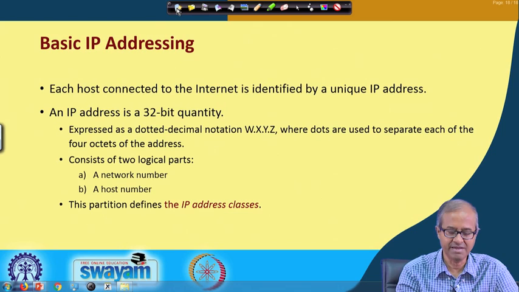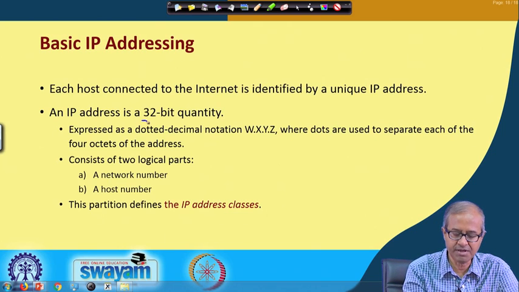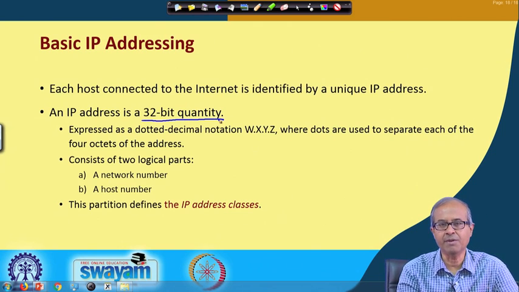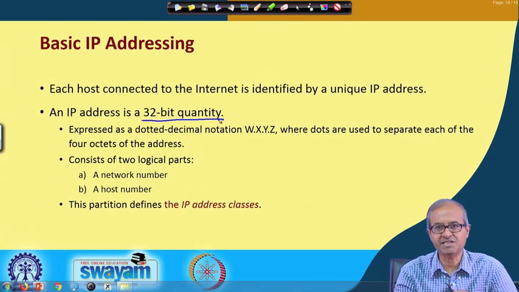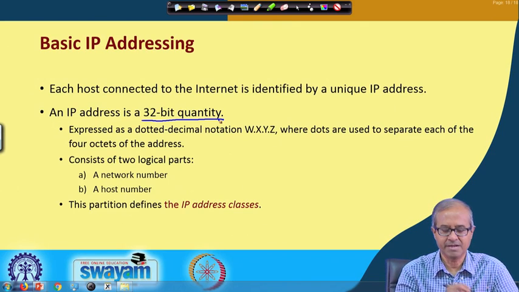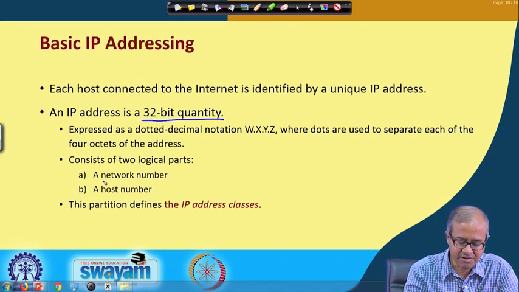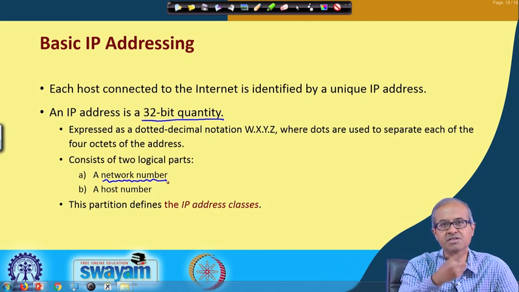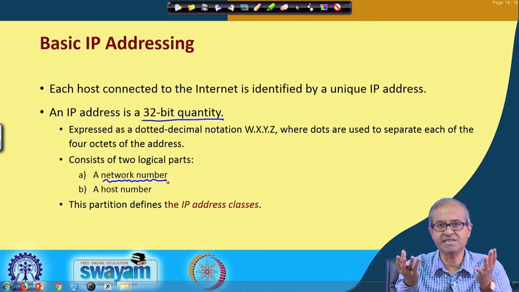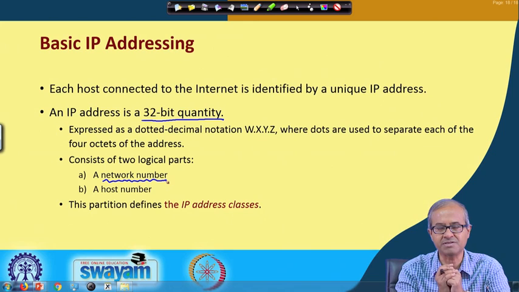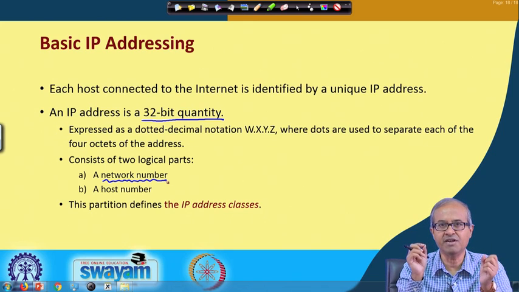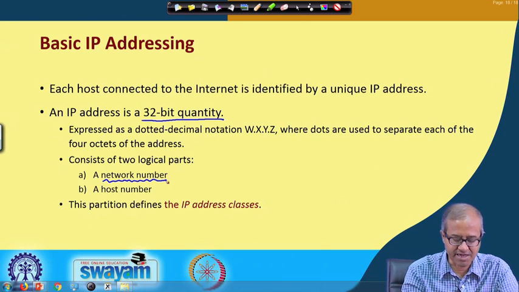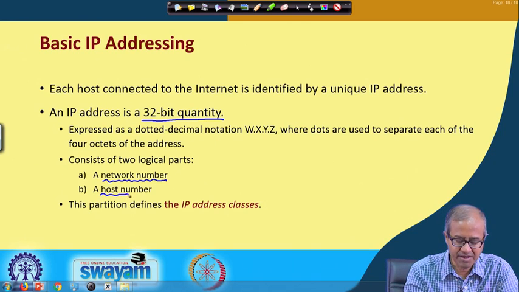Now, we shall see that in this 32-bit network address there are two parts. The first part identifies a network. There are many networks in the world; internet is essentially a network of networks. So, the first part identifies which network I am talking about, and the second part identifies a host.